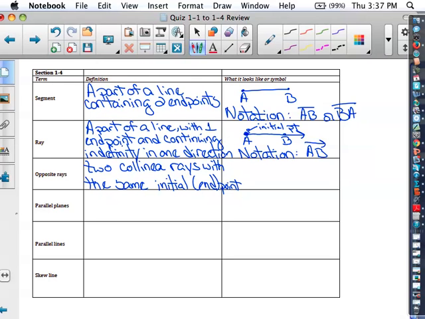Okay, so what that looks like is I have an initial point A, and I have a ray AB, and then I have a ray going in the opposite direction, AC. They share the initial point A. So we can say that ray AB and ray AC are opposite.